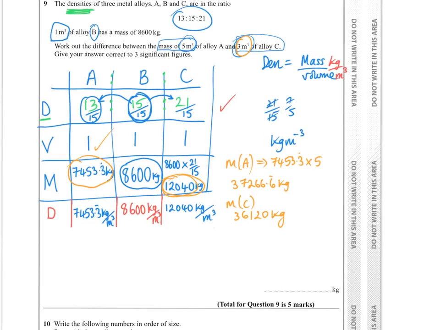So in my table here, don't forget this is 1 metre cube, 1 metre cube, 1 metre cube, if that helps. We're just going to do the difference between these two, and I'll do that on the calculator. So 37266.6 recurring minus 36,120 gives me 1146.6 recurring kilograms.